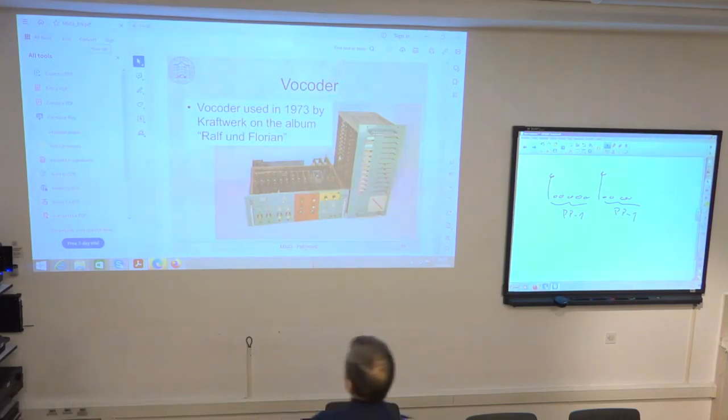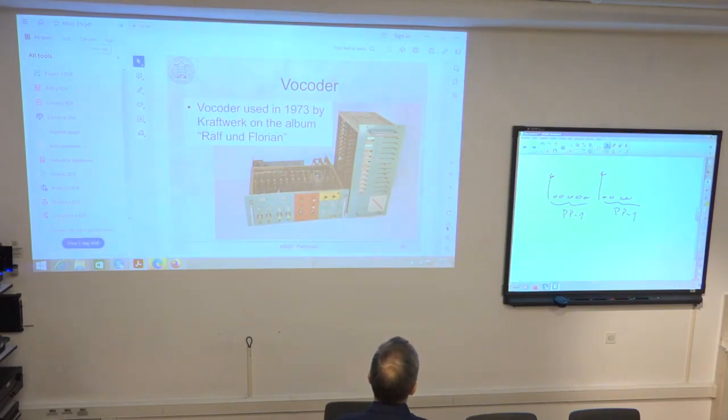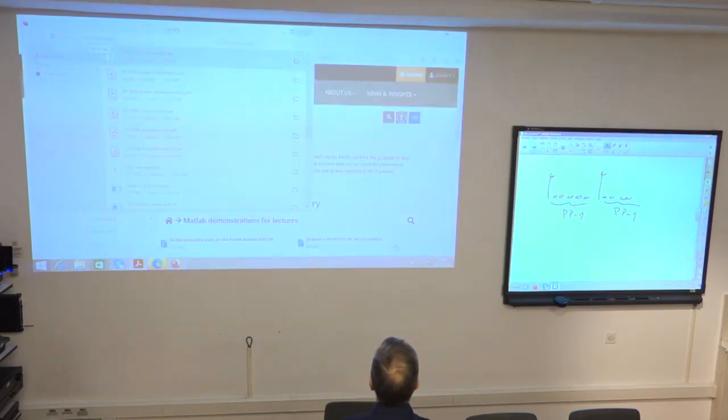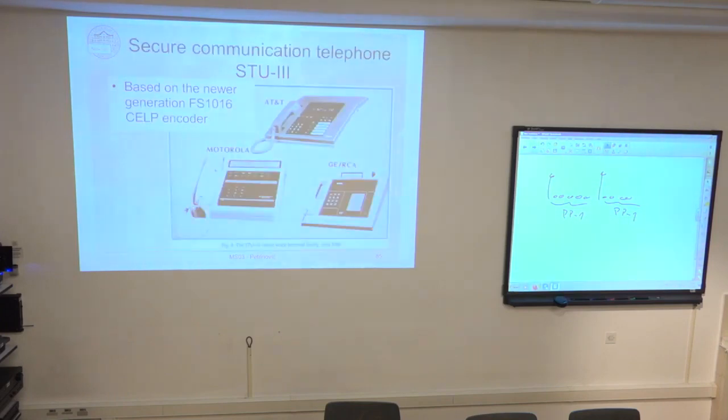This vocoder model was also used in music production, and one of the first albums where this vocoder was applied was on this Kraftwerk band on the album Ralph and Florian. So this is the actual vocoder that they were using when recording this album.